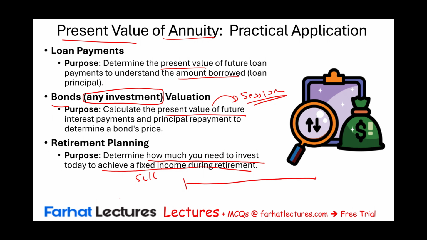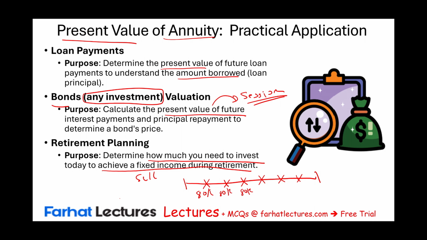What is an annuity? An annuity, again, is a series of payments that you will be receiving. And let's assume you expect to live 25 years after your retirement. You want an annuity that's going to pay you, for example, $80,000 per year.